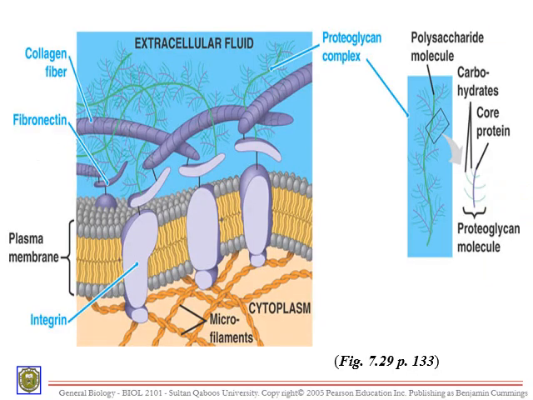All right. So the main component, as I have mentioned, is the collagen fiber. This is the main component of the extracellular matrix. It's a fibrous structural protein. Do you recall we already talked about collagen in the protein lecture, and we mentioned that it's a structural protein. Then we have the fibronectin and the integrin.